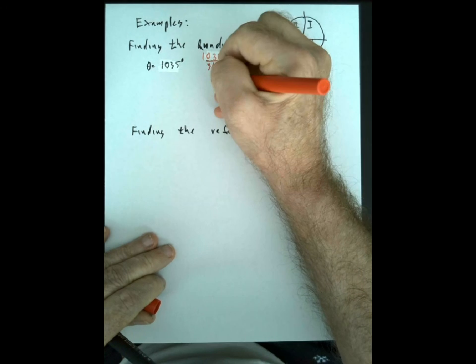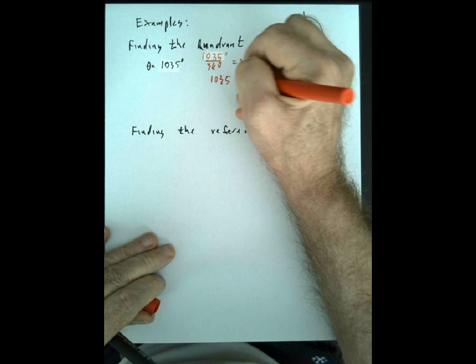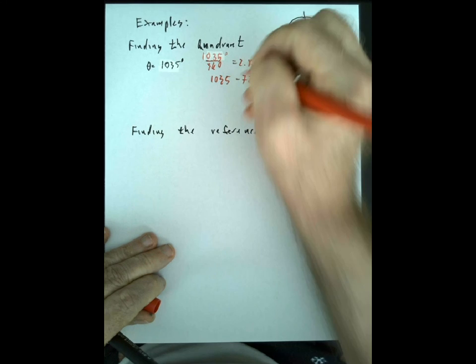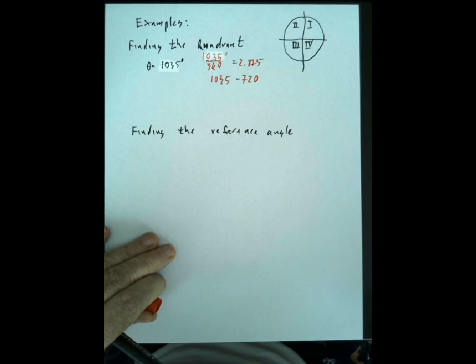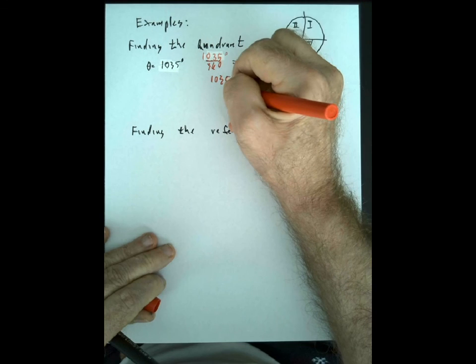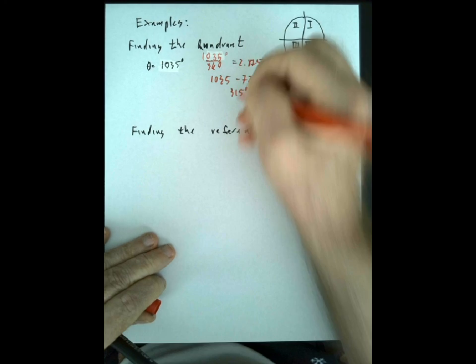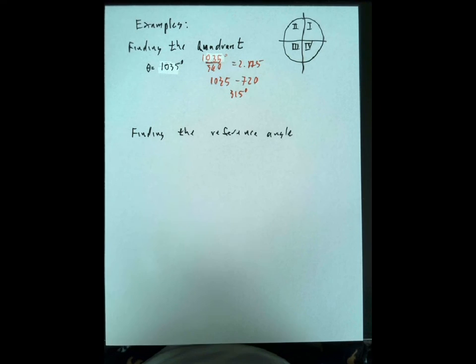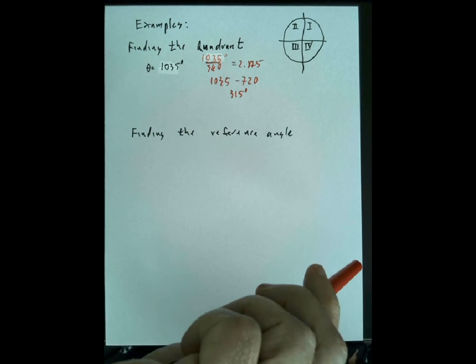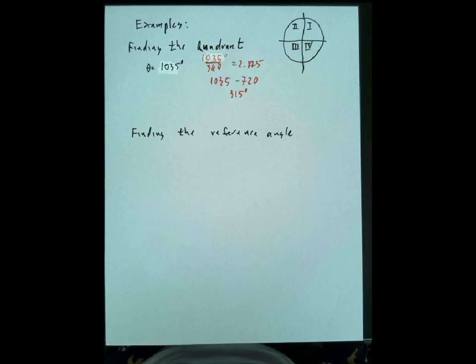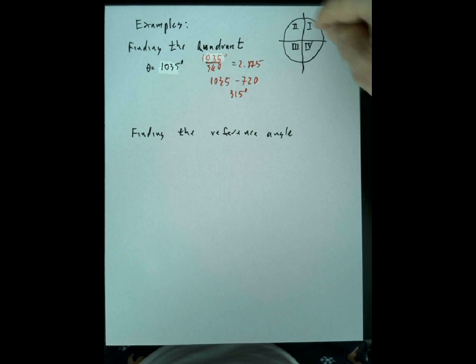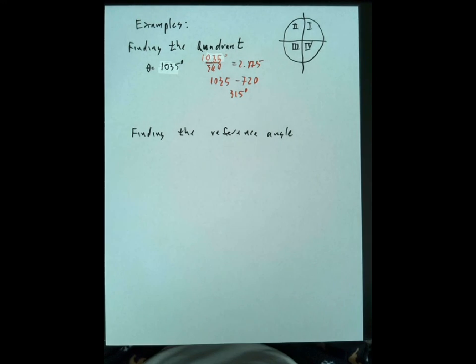So 1035 minus 720 is equal to 315 degrees. Okay? So that is the angle in the first rotation, the 0 to 360 rotation, without the extra rotations included in it.